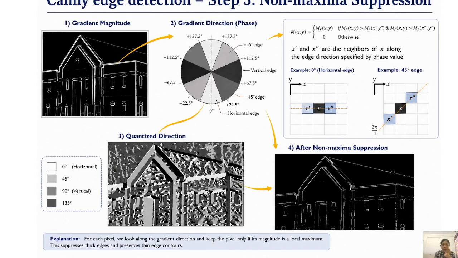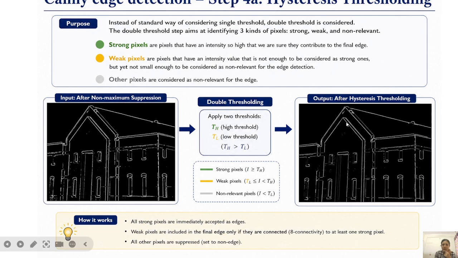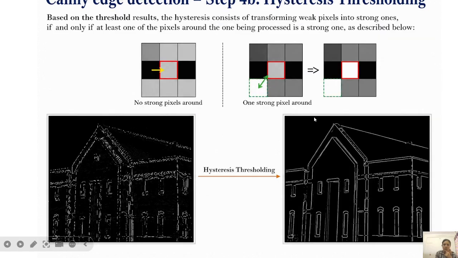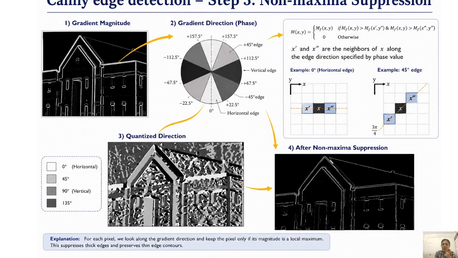I doubt that it is an edge, because the magnitude already says it's an edge, but I have to make sure whether it is an edge or not. So how to find it? That pixel will be in any one of the directions, for example this angle; this yellow line denotes an angle.